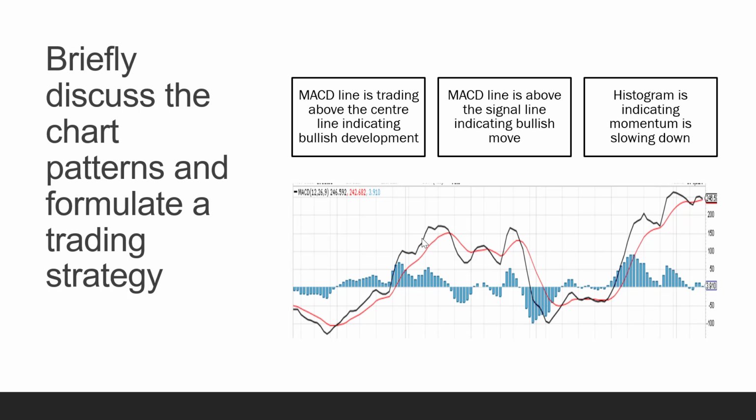So when you look at a short-term moving average and a long-term moving average, the MACD is like the short-term moving average and the red line is like the longer-term moving average. Whenever the short-term moving average is above the long-term moving average, we say there's a bullish pattern. So here the MACD line is above the 9-day moving average of the MACD line itself, so we say that it is in a positive direction.